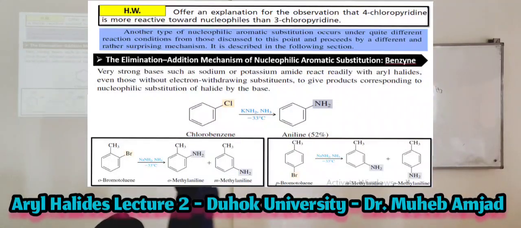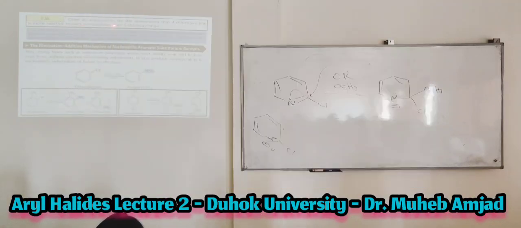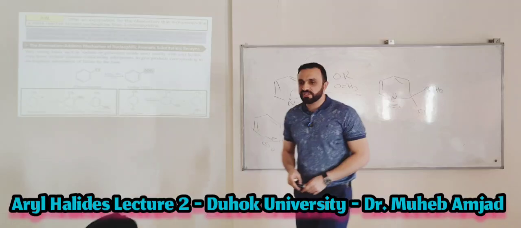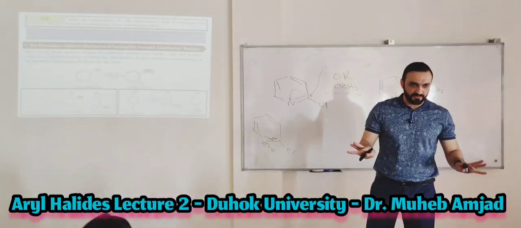Homework: give an explanation for the observation that 4-chloropyridine is more reactive toward nucleophiles than 3-chloropyridine. Why is 4-chloropyridine more reactive than 3-chloropyridine? This is homework for you.